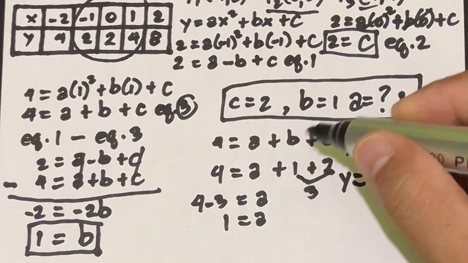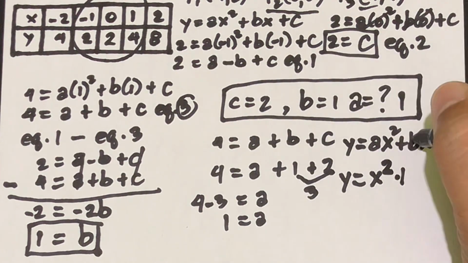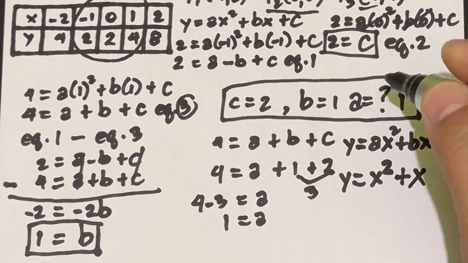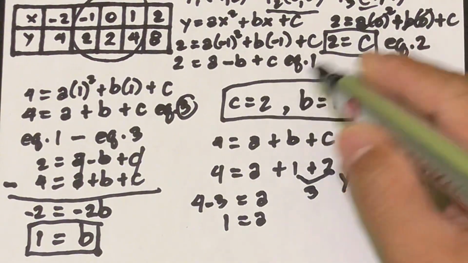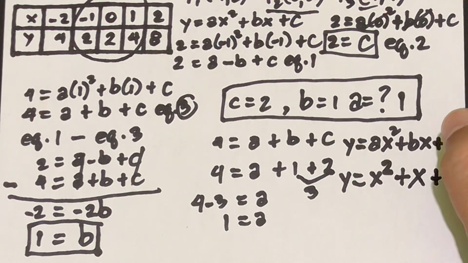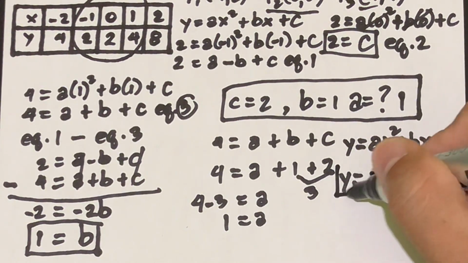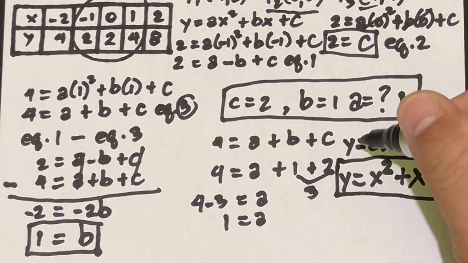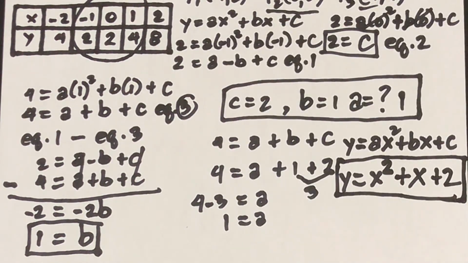Then our b is also 1, so 1 times x is x. So plus x. Then the value of c is 2, so plus 2. So this will be our equation of the quadratic function given this table of values.